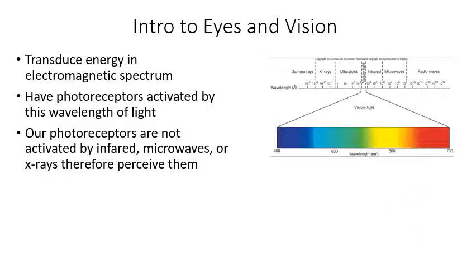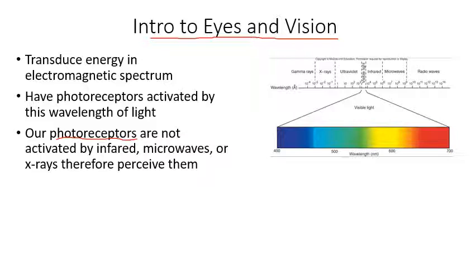So now let's move into the most complex of the sensory systems here. It's going to involve our eyes that pick up vision, or pick up light. We have photoreceptors in our eyes, on the back of our eyeballs, called the retina.